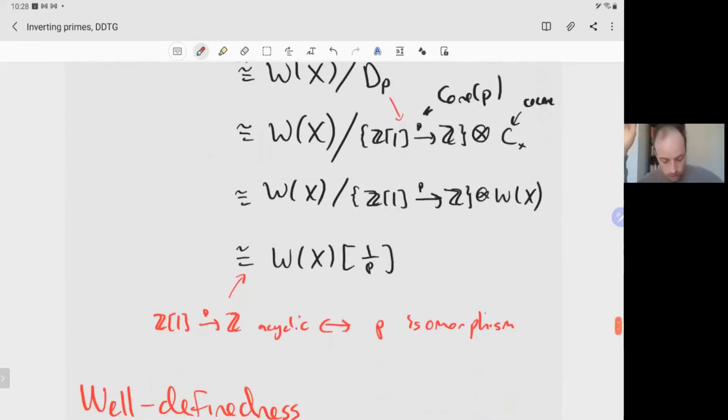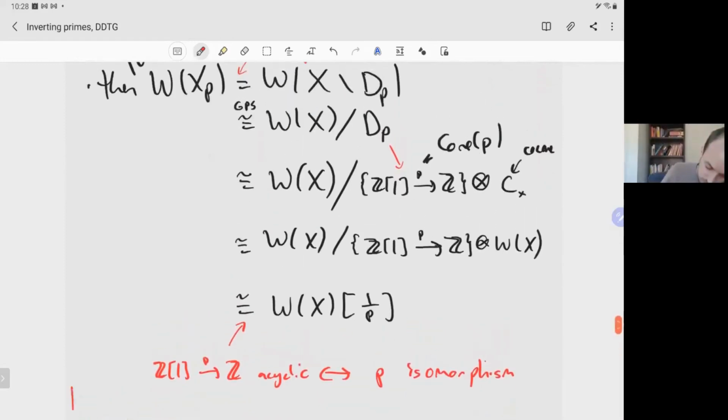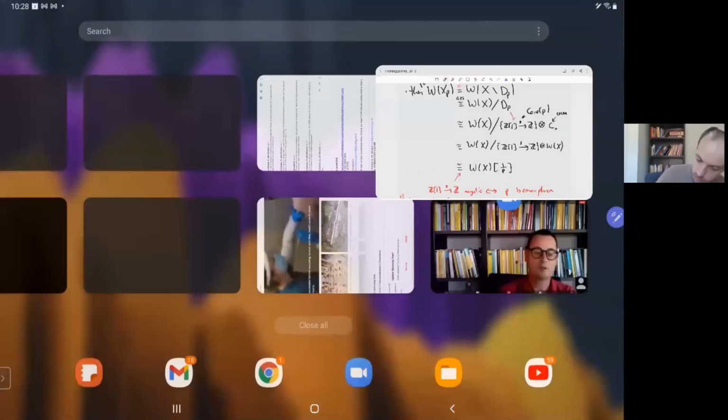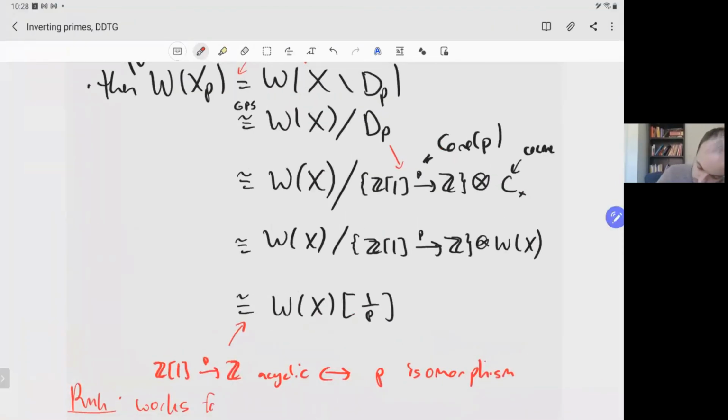And also, I should say that this works for general spaces U inside of a sphere. Here we just happen to pick a P Moore space so that we would have this localization.